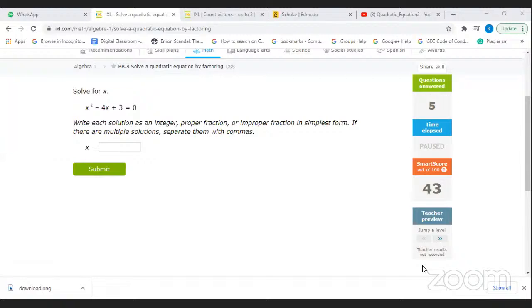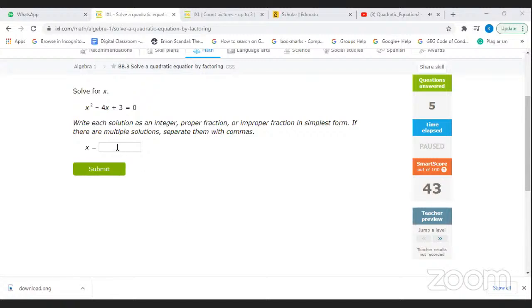Okay, so I think we have been able to calculate this and got 1, 3.